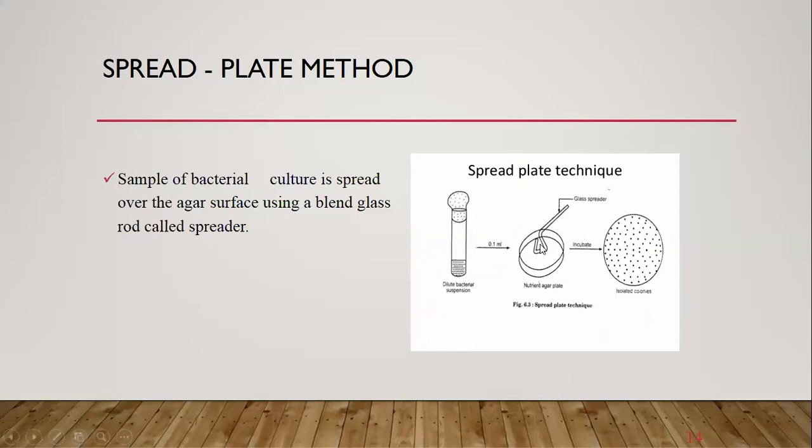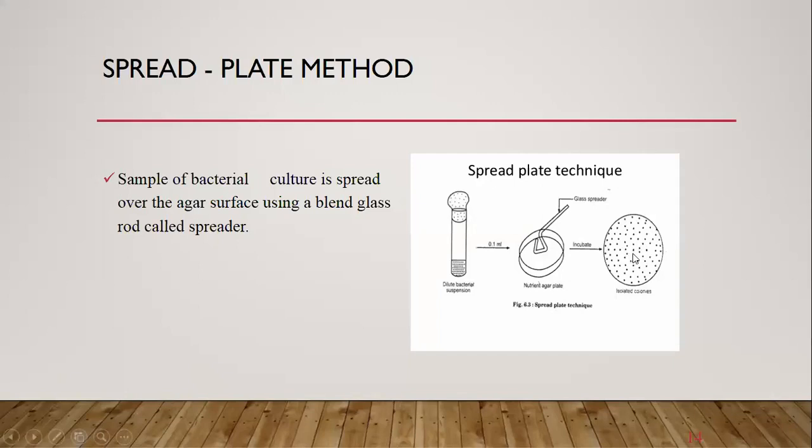After flaming, we allow it to cool, and after cooling, we prepare the serially diluted sample. We take 0.1 ml of sample on the nutrient agar plate and spread the sample over the surface. After that, we incubate these plates at 37 degrees Celsius for 24 hours, and we get this type of growth or isolated colonies.